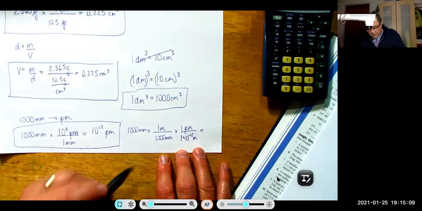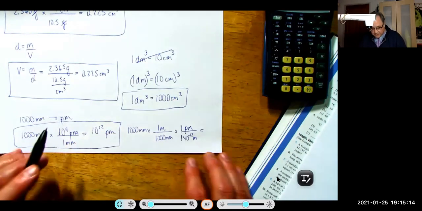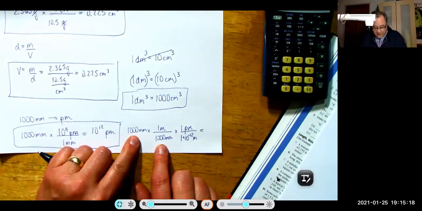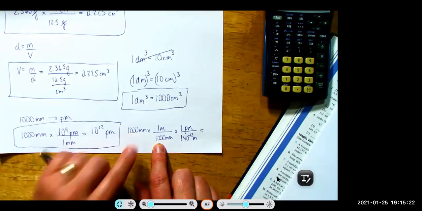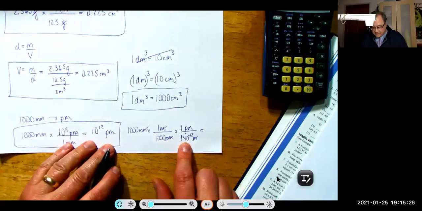Because this P is 10 to the minus 12, that M is that M, so that's equal to 1. When you put this into your calculator, can you see 1,000 divided by 1,000 is 1? Meter divided by meter? Yes, you just bring up the negative exponent. And it's just 10 to the 12.